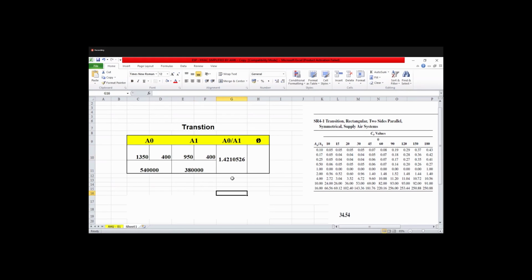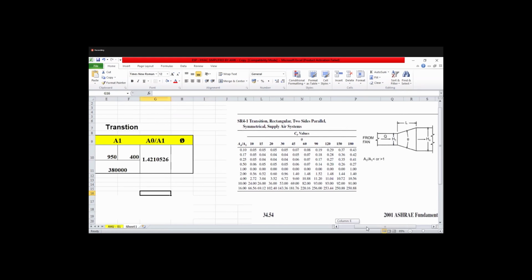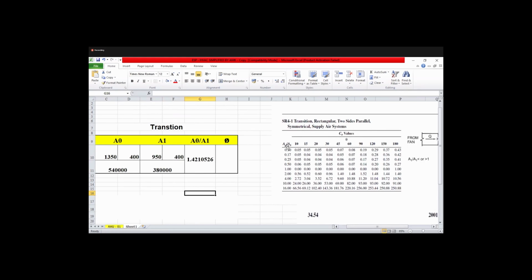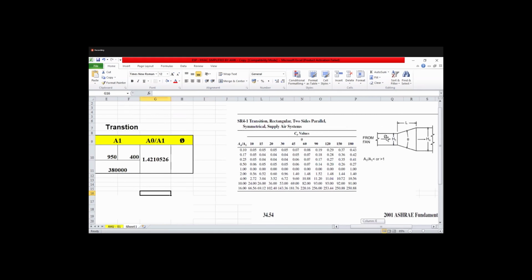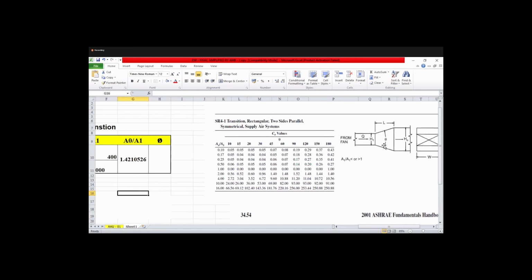So what is the value we are getting here by putting the formula? Okay, A0 by A1. So here we have to see this column A0 by A1 and the degree. What is the degree here? The total deflection, the opening.